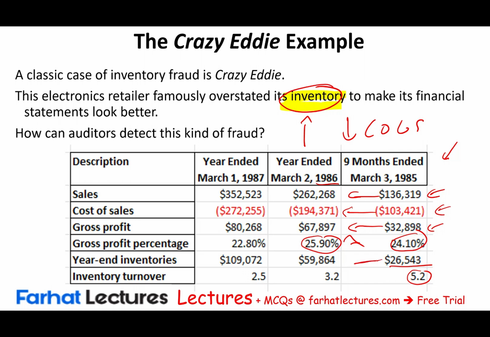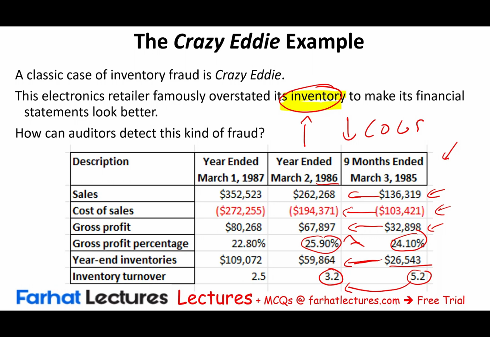Inventory went from 26 to 59, so their inventory doubled. And their inventory turnover is slowing down, went from 5.2 to 3.2. So they have more inventory sitting on their shelves, because inventory turnover is showing it.